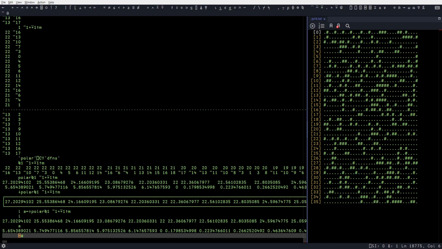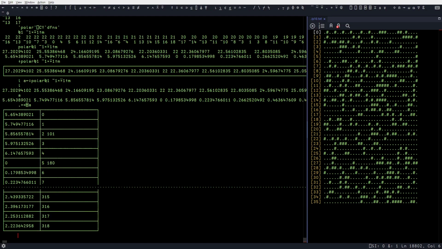And then we can just say, hey, concatenate the angle with an enclosed list of coordinates where that angle occurs. And it'll give us something like this.